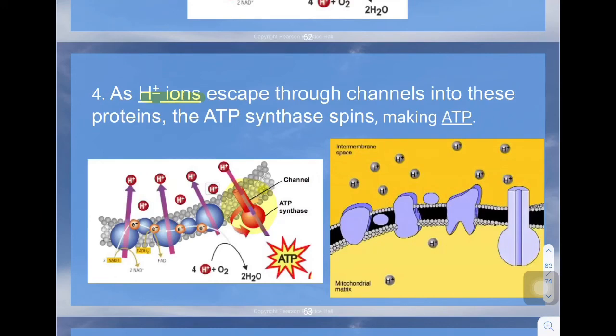So these hydrogen ions got pushed across the membrane, and they're like, wait a minute, we don't want to be on that side. So they're all going to come over here, and they're going to enter back in the only way they can, and that's through this little tube of ATP synthase. And as they come back through, this tube turns, and that spinning motion generates a molecule of ATP.